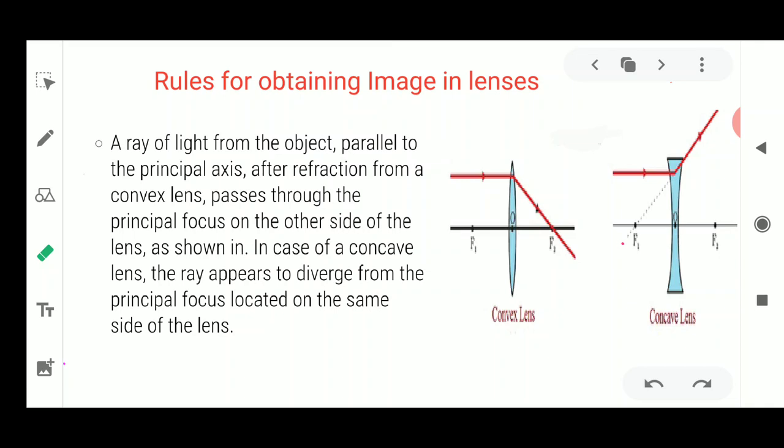So the first rule again: I have shown you what happens in the convex lens and in the concave lens. Please remember that in the convex lens the line meets at the principal focus, but in the concave lens it only appears to meet. That is why the extended line is drawn dotted. Okay, next rule.